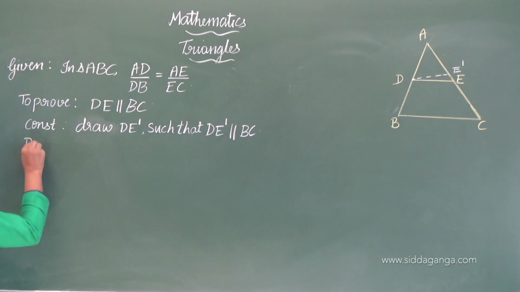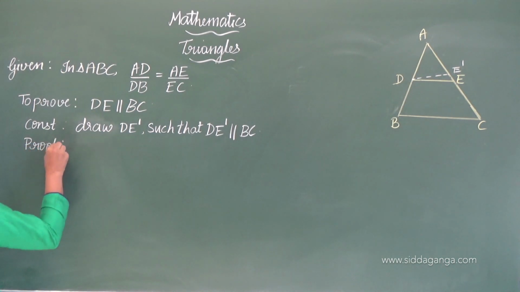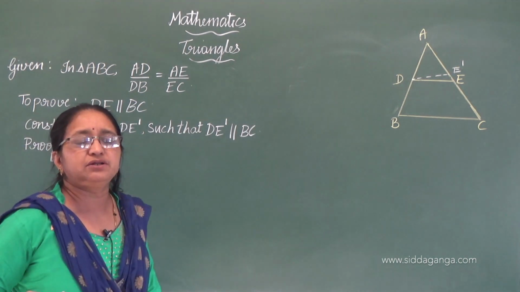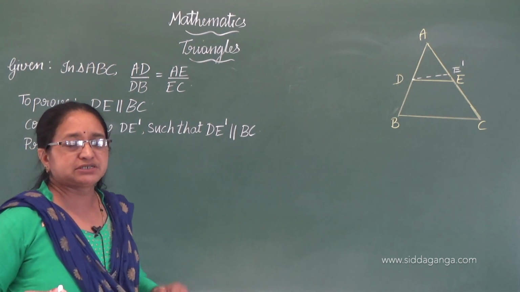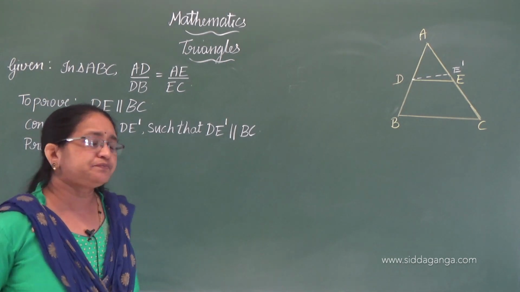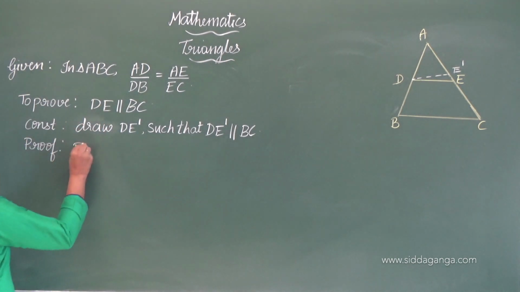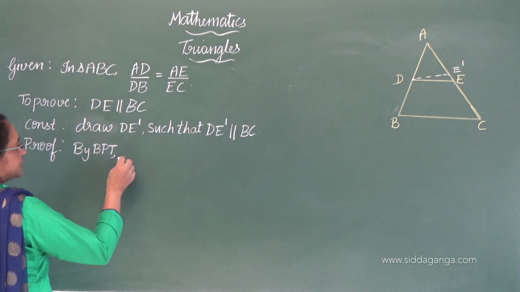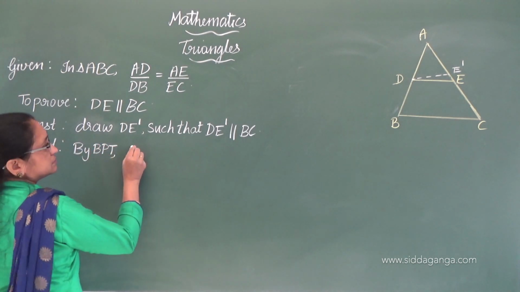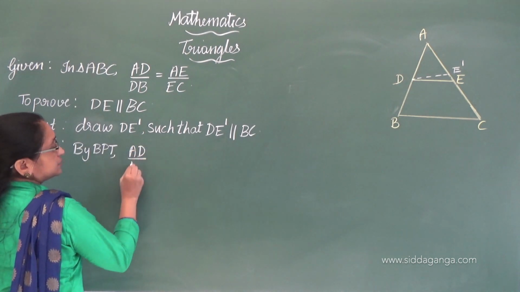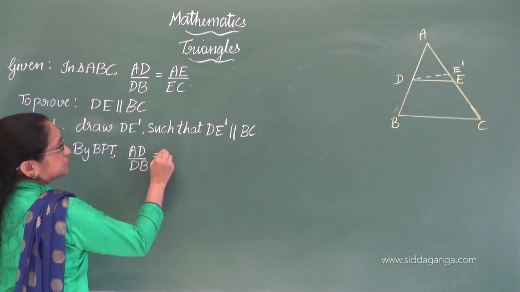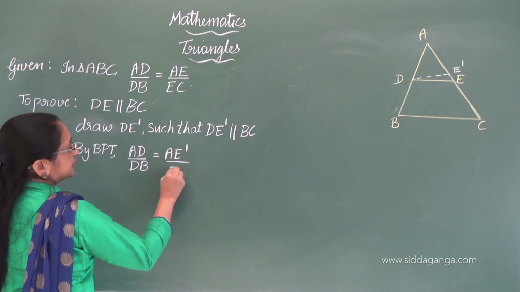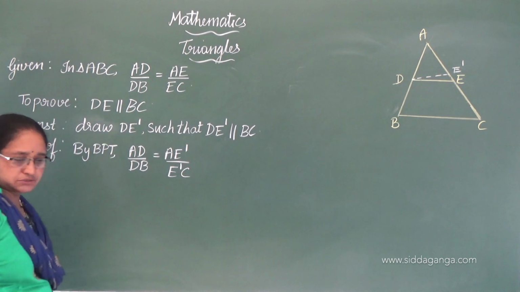So, proof. From the known we have to prove it, correct? We already know the BPT, that is the basic proportionality theorem. So, by BPT, we can say that AD by DB is equal to AE dash by E dash C. I hope you understood this.